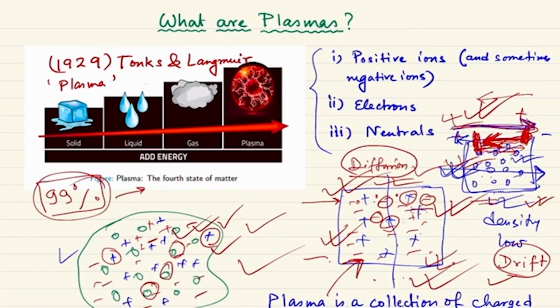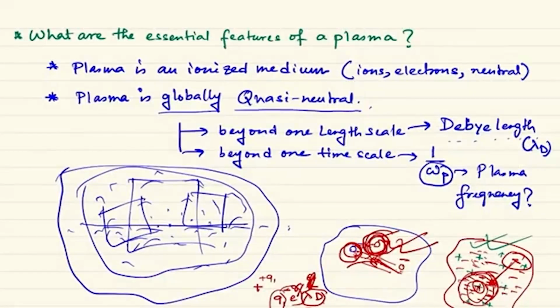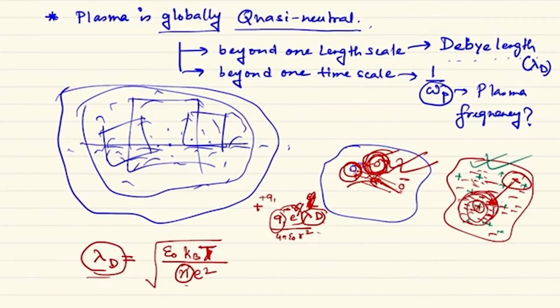Then some positive ions would also feel, although they don't move much, but if they move at all, they can also see some screening effect, thereby defining an equivalent lambda D for the electrons as well. And n is the number density of the species.